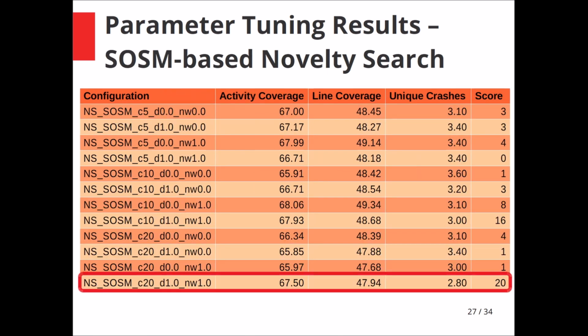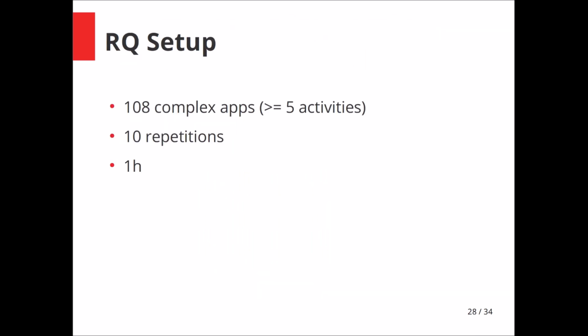The same procedure was repeated for the 18 different configurations of the SOSM-based novelty search. And here the last configuration in the table is the best configuration. The experiment for our research question looked as follows.